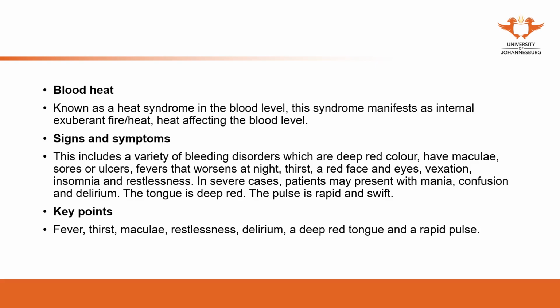The cause also can be other pathogens that affect the human body, and then it causes stagnation. It results in stagnant heat. So stagnation causes internal heat, and when this heat goes to the blood level, it will result in blood heat.